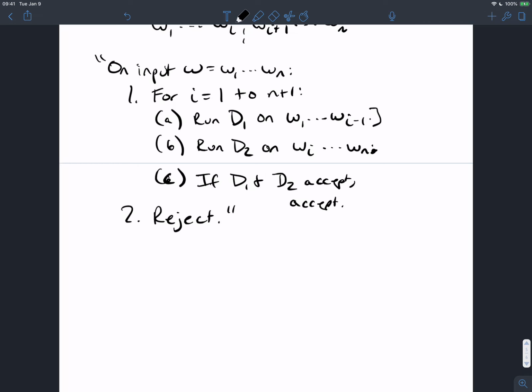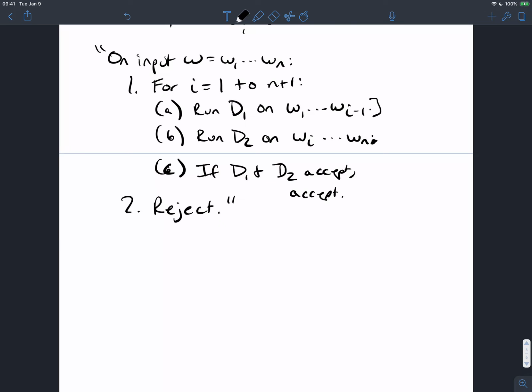It's the empty string. So it's to handle that first split. And the n plus 1 is to handle where Wi through Wn is the other split. Because in the last iteration, I will be n plus 1, so Wn plus 1 to Wn, that's the empty string on the right side. Any other questions?